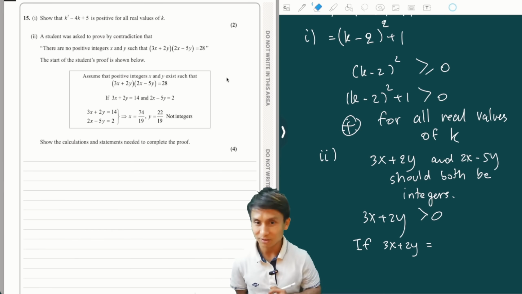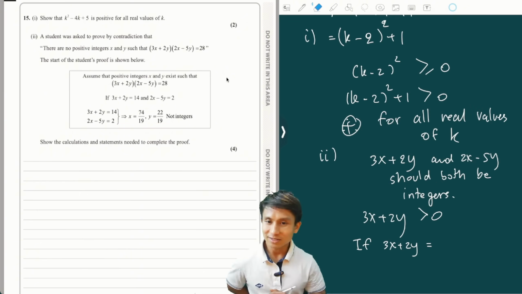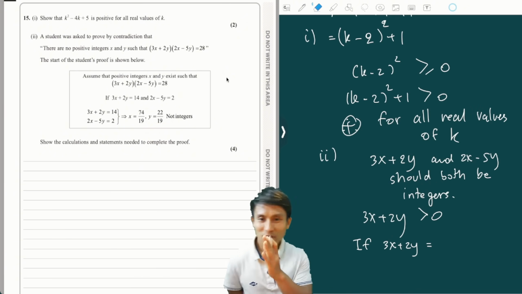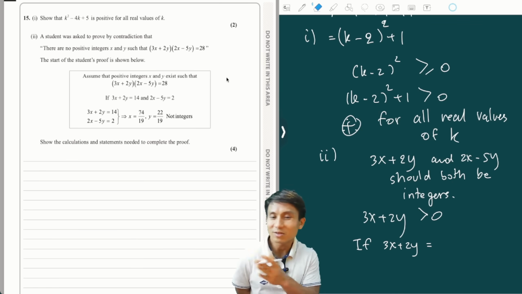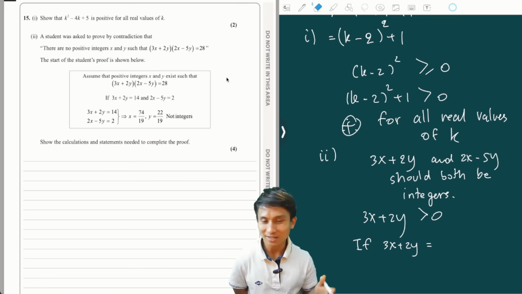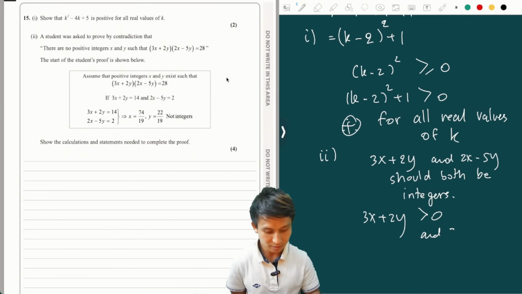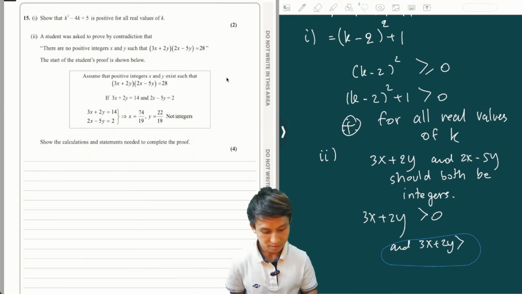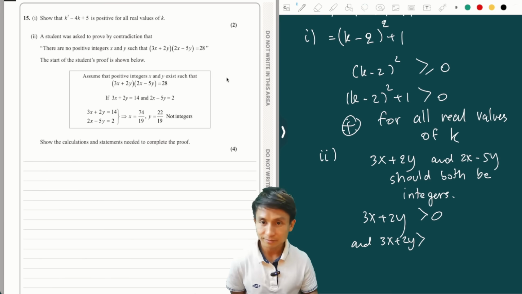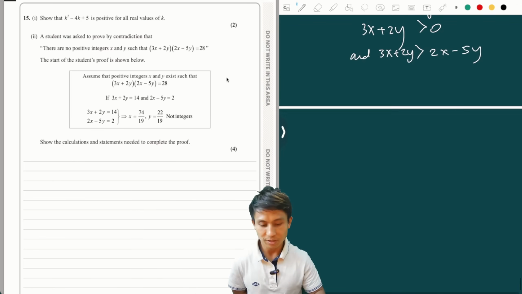If you think about it, you have 3x plus 2y and the other one is 2x minus 5y, so the one with the minus should be smaller. So I'm just going to say also 3x plus 2y greater than 2x minus 5y. Yeah, that's the logic there. Okay, I'm just going to go to the next page here.